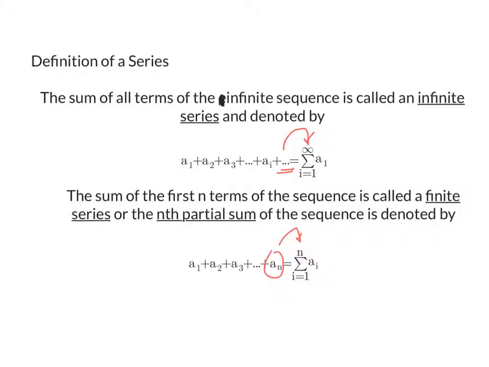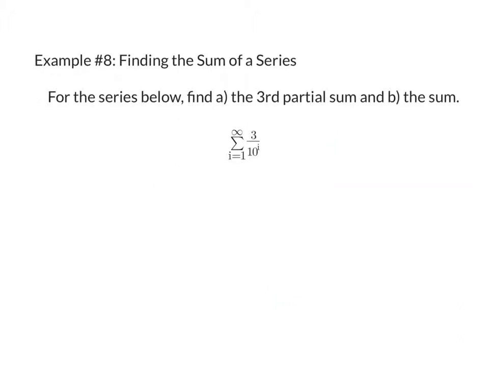So let's try and solve it. This one says, for the series below, find A, the third partial sum, and B, the sum. So if we want to find a partial sum, remember partial sum means that it actually stops. And so this one's saying from 1 to 3. So part A would be the sum from i equals 1 up to 3 of 3 over 10 to the i power.